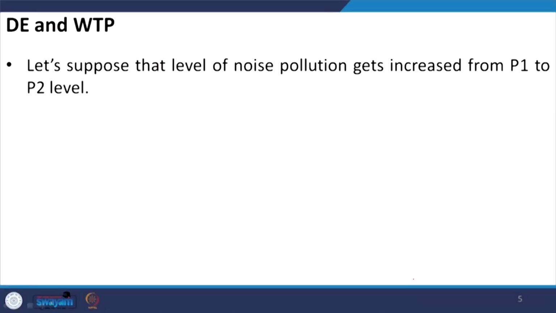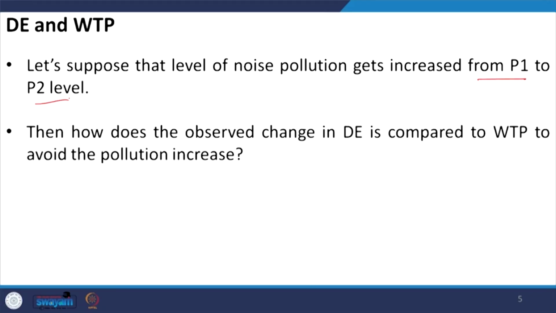So, because of these pollutions, let us say in this context we are discussing noise pollution, the pollution level is increased from P1 to P2 level. Then the question is, how does the observed change in this defensive expenditure, because the defensive expenditure function shifts upward, compare to the willingness to pay in order to avoid this pollution increase?